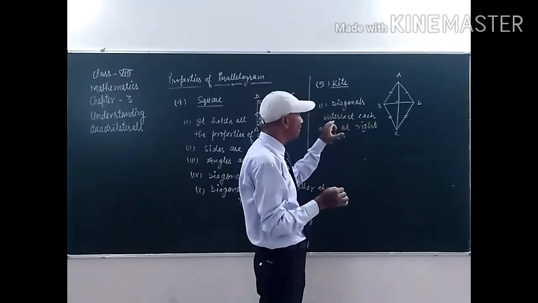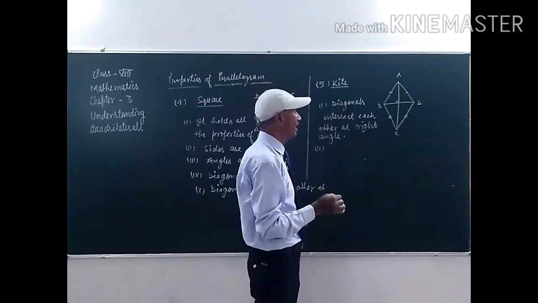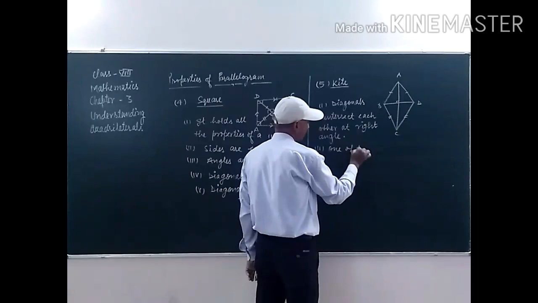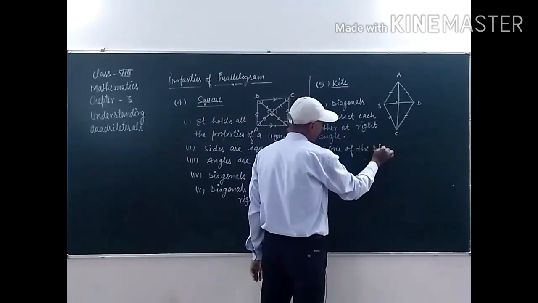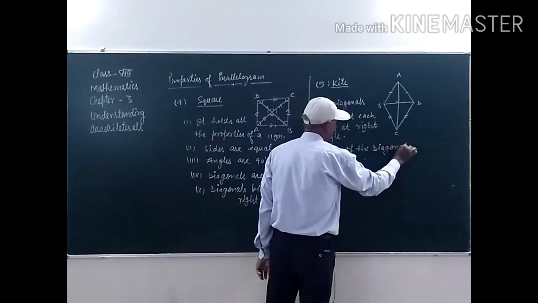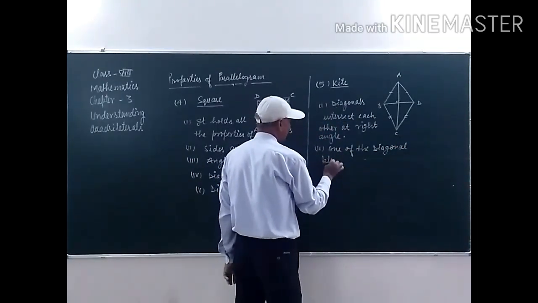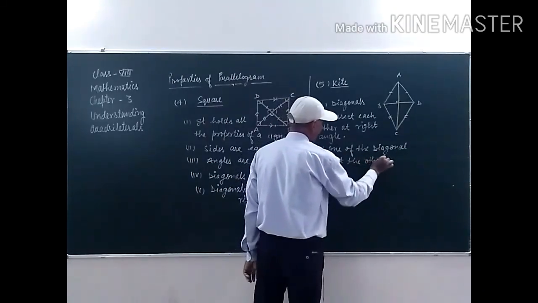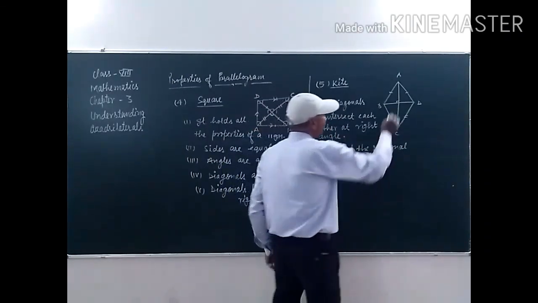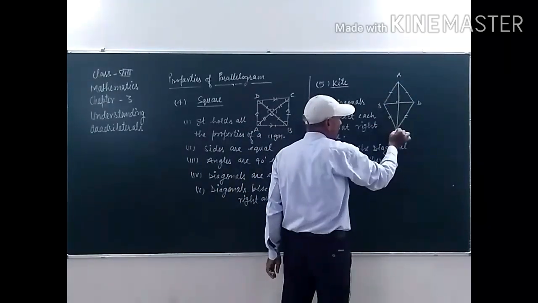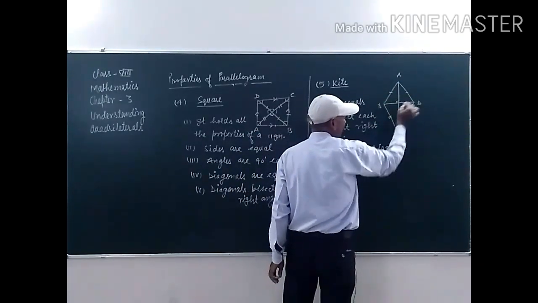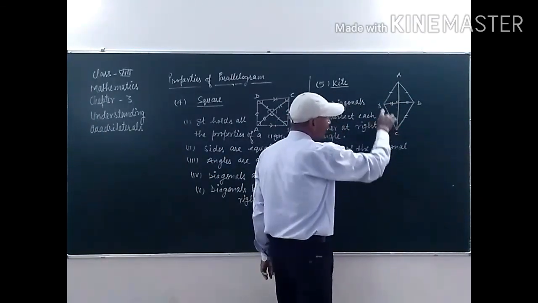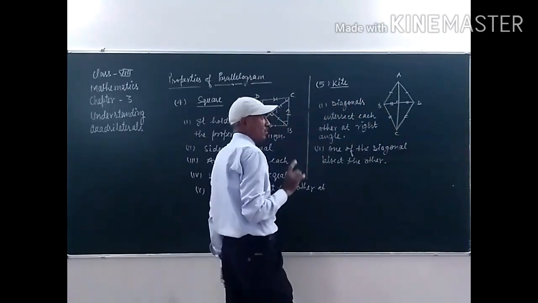It means diagonals intersect each other at right angle. Second property, one of the diagonals bisects the other. One diagonal, that is diagonal AC in this figure, bisects BD, means this one is equal to this. Only one diagonal bisects the other diagonal in this figure.